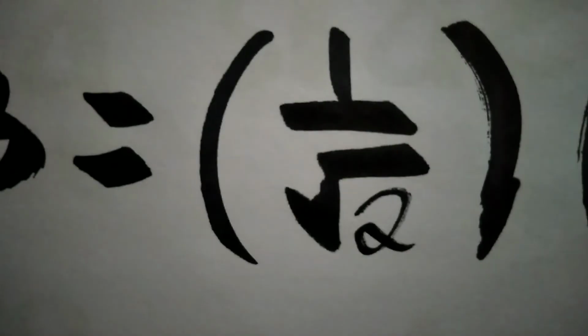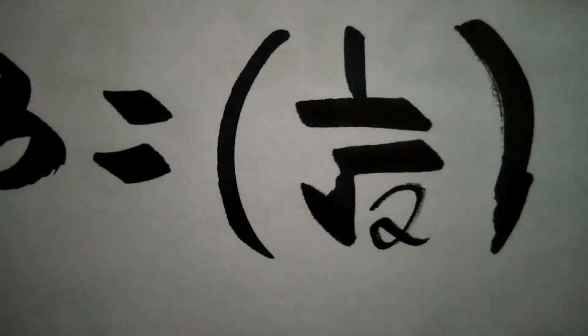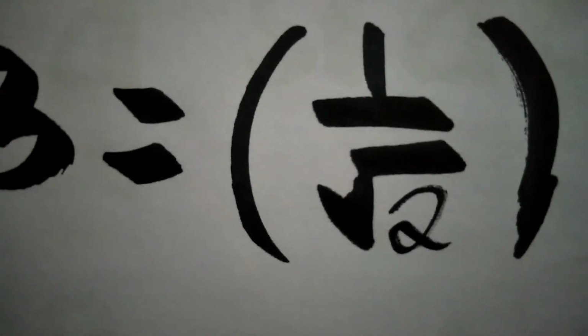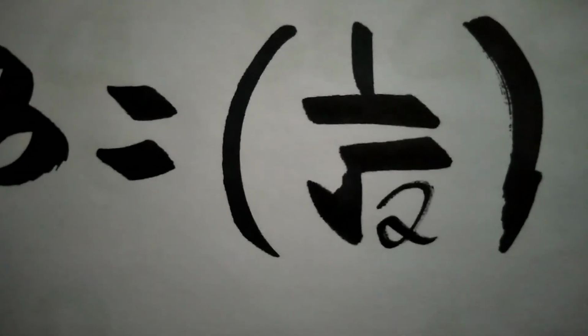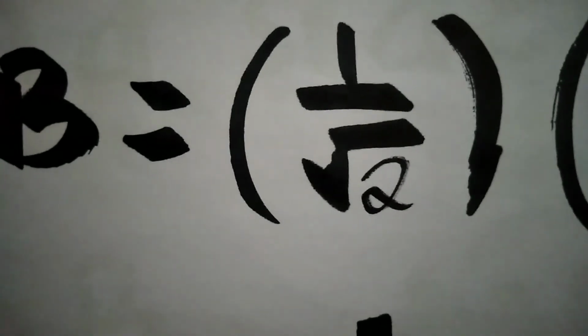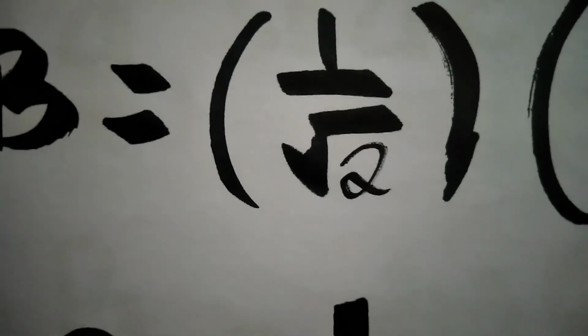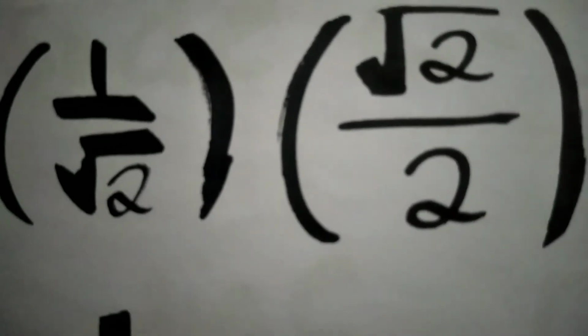Then that is equal to 1 over square root of 2, because 7 over 7 square root of 2 is equal to 1 over square root of 2. Since we have sine 45 degrees, we're going to get the value from the trigonometric values table, which is square root of 2 over 2.